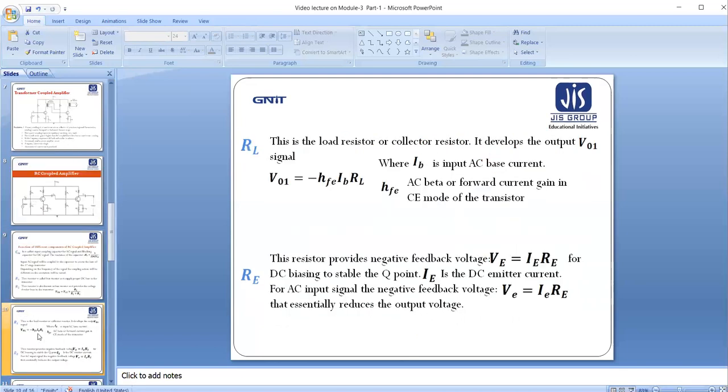Next we will go to the RL. RL is the load resistor or the collector resistance across which the output of the transistor, V01 or V02, will be developed. I have concentrated on the V01. V01 was already calculated in the previous module, that is minus hFE IB into RL.